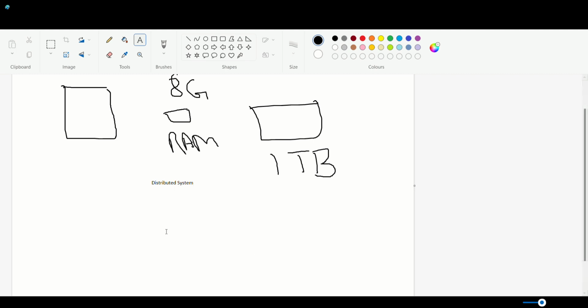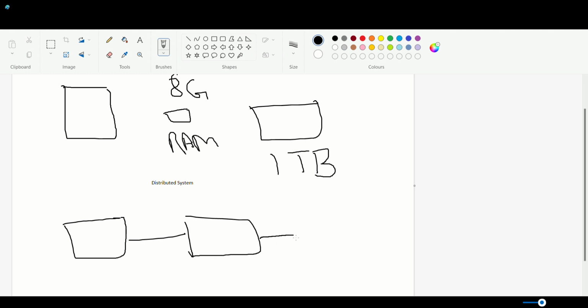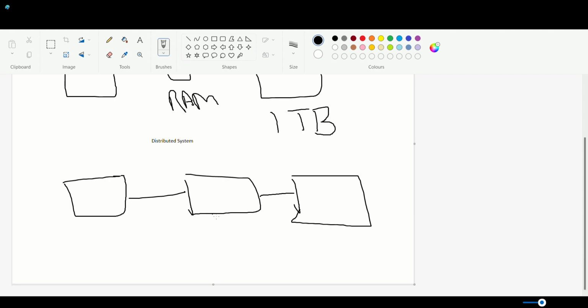In this, what we are going to do is use multiple machines like this. This is called a distributed system.